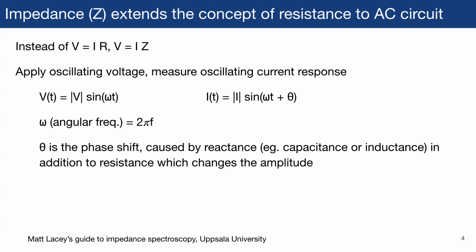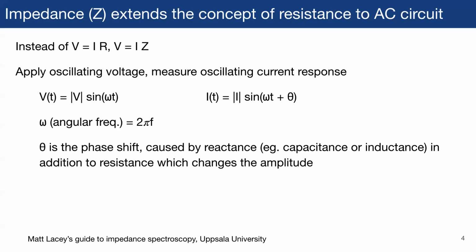And when we apply an excitation, this oscillating voltage that oscillates at an angular frequency of omega, the current response will also have a frequency of omega, but it can also have a different phase shift, this theta here, which is caused by reactance, which is going to be caused by things like capacitors or inductors within our circuit.